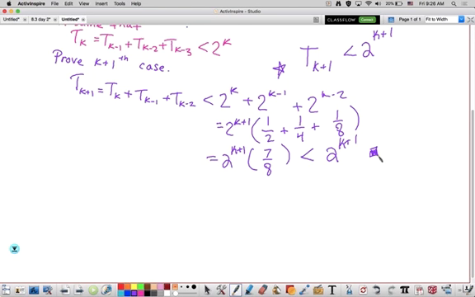Yep, Lucy? What determines that we're finished? We're trying to prove this is less than this, right? Well, this is less than this, is equal to that, is equal to that, is less than that.